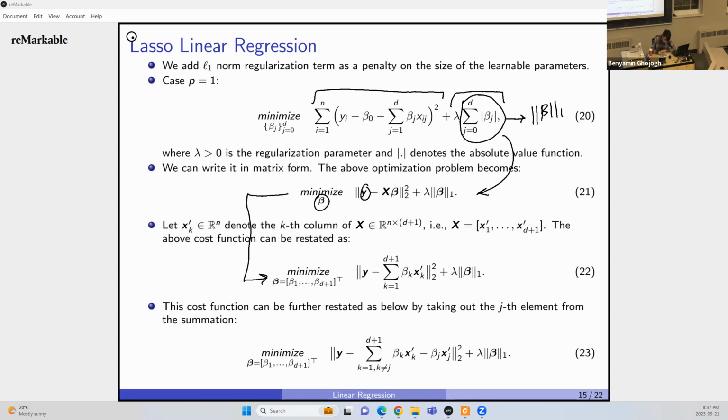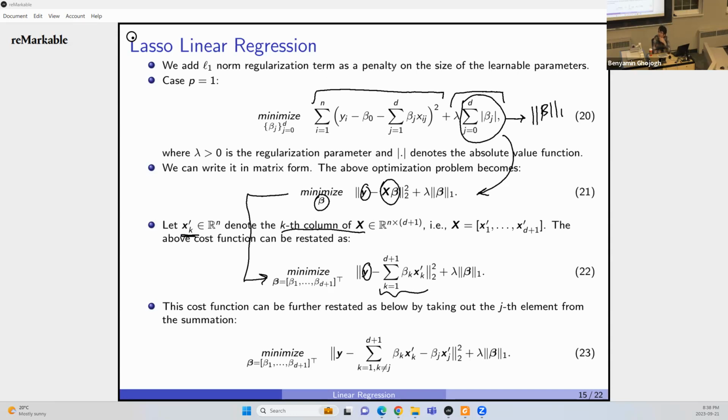This is y as before, right? X beta, can I write it as this? Summation of beta k xk prime. What is xk prime? It is the kth column of x. Do you remember x was n rows, d plus 1 columns? Consider the kth column of x as I denoted by xk prime.